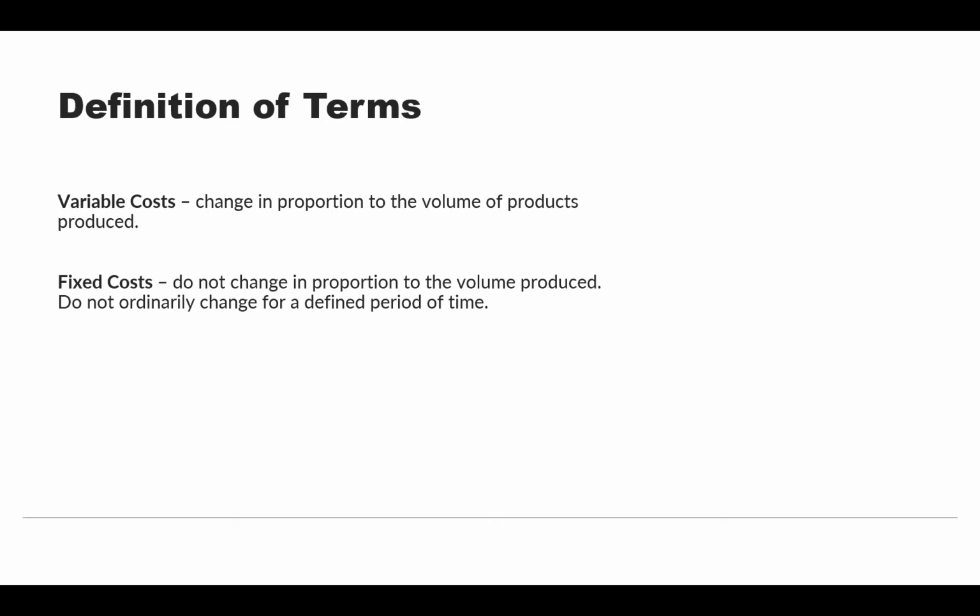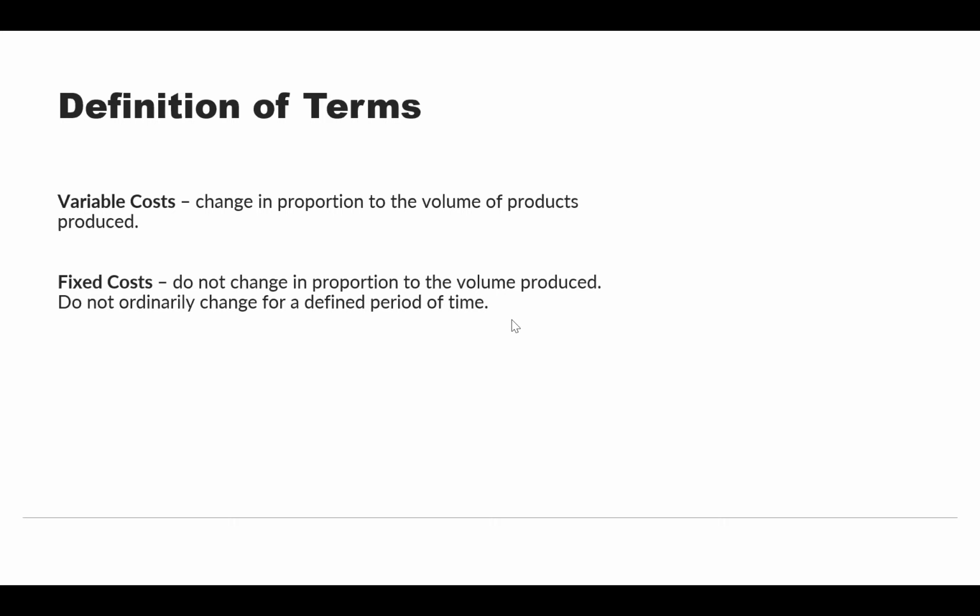You can even think about this when you are ordering seeds. In the short run, the cost may be fixed in the sense that you are buying some level of volume that's not necessarily proportionate to what you're going to be planting. But over time, those costs are more variable. You would adjust the costs that you pay up and down.